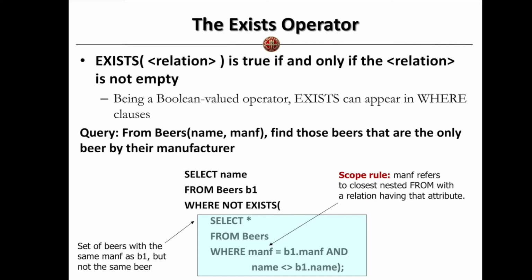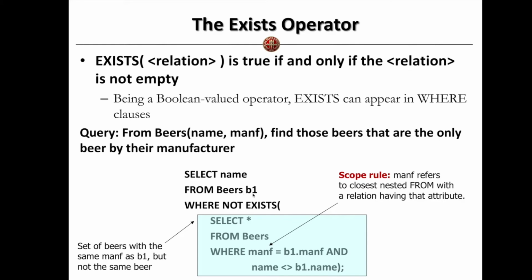So here we can do this question with the subquery as well as the exists operator. If we check the subquery first, inside the parentheses we have a statement: select star from beers where manufacturer equals B1.manufacturer. This B1 denotes a variable. It's a renaming of the beers table, right?